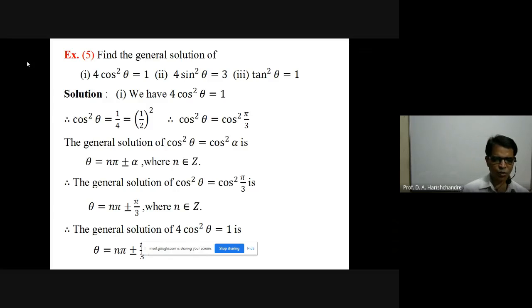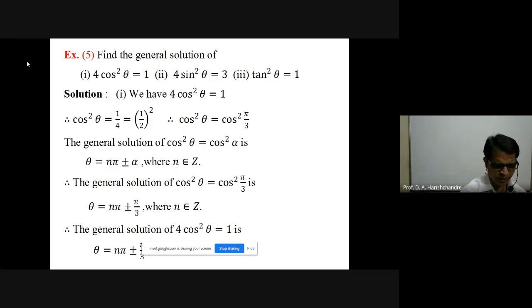So the general solution of cos square theta is equal to cos square pi by 3 is given by theta is equal to n pi plus or minus pi by 3, where n belongs to z. And hence the solution of the original trigonometric equation 4 cos square theta is equal to 1 is given by the same formula, theta is equal to n pi plus or minus pi by 3, n belongs to z.